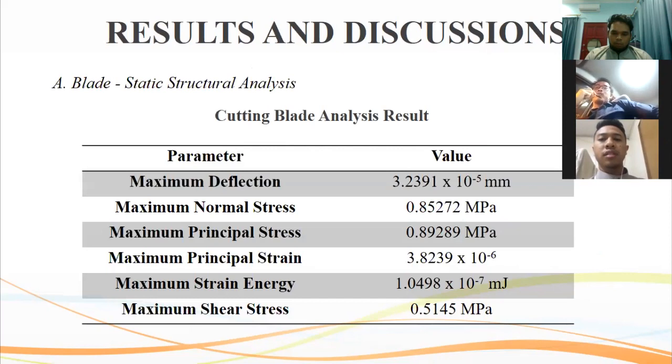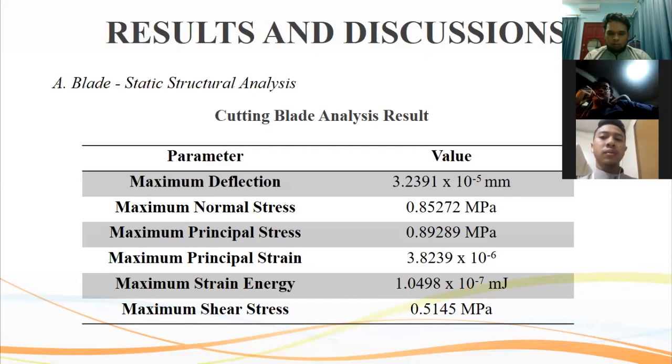The normal stress and the principal stress we have here are about 0.85 and 0.89 megapascal, which is much lower than the yield strength of the stainless steel, which is the material of the blade, so the blade is safe to be used.